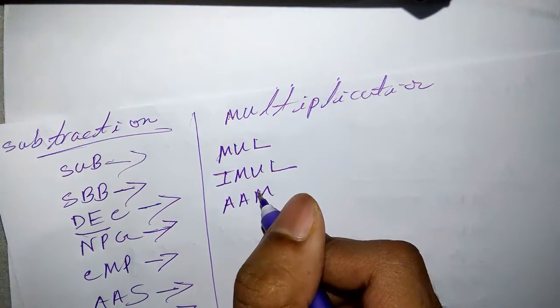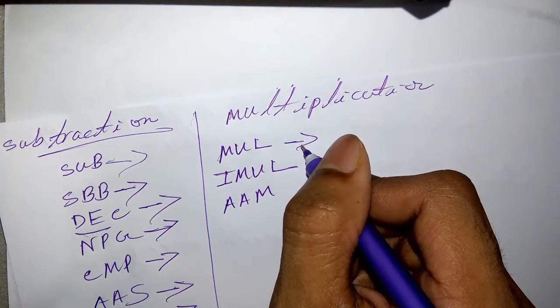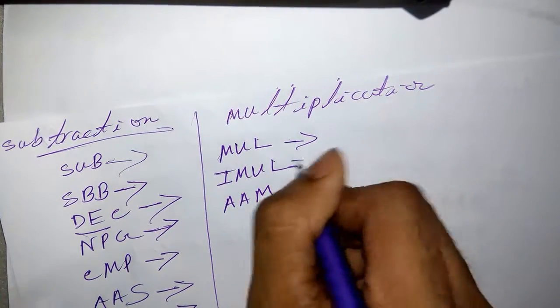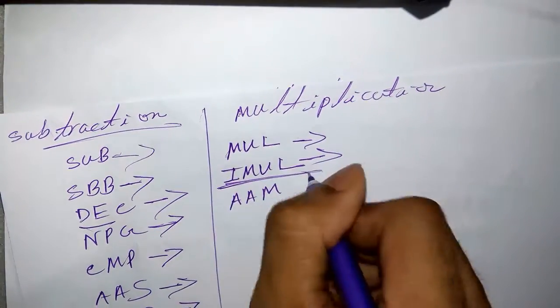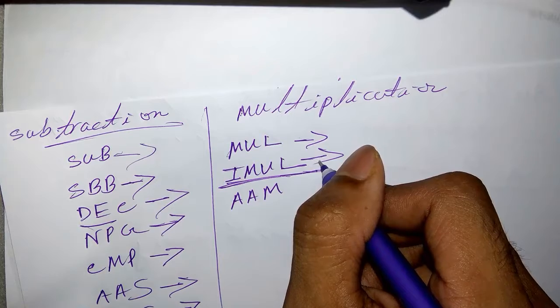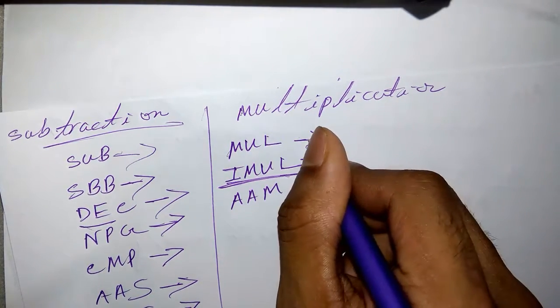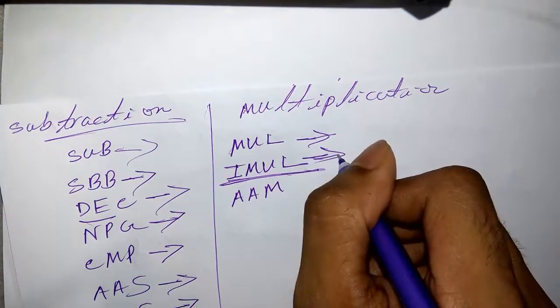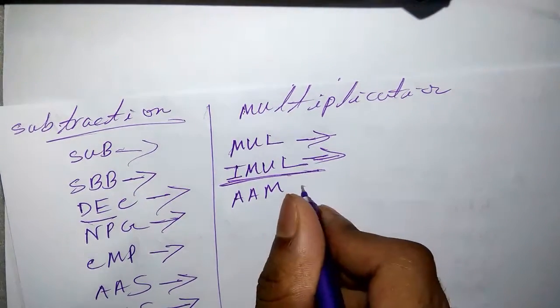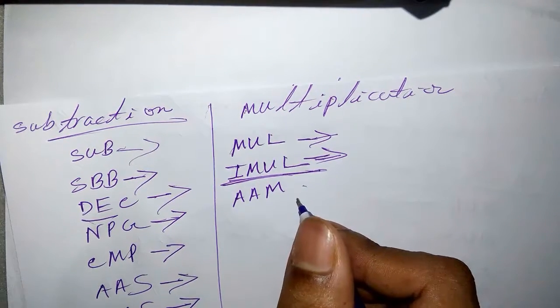Okay, so here MUL is mainly used to multiply unsigned byte by byte or word by word. Okay, and IMUL is used to multiply signed byte by byte or word by word. Okay, this is unsigned and this is signed. And next one AAM, used to adjust ASCII code after multiplication.